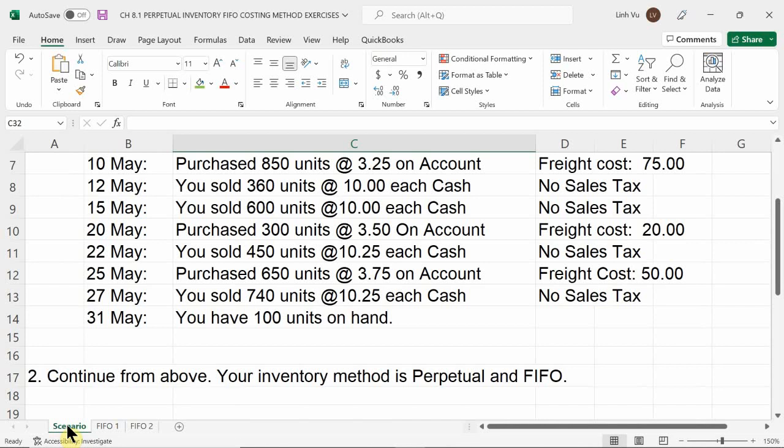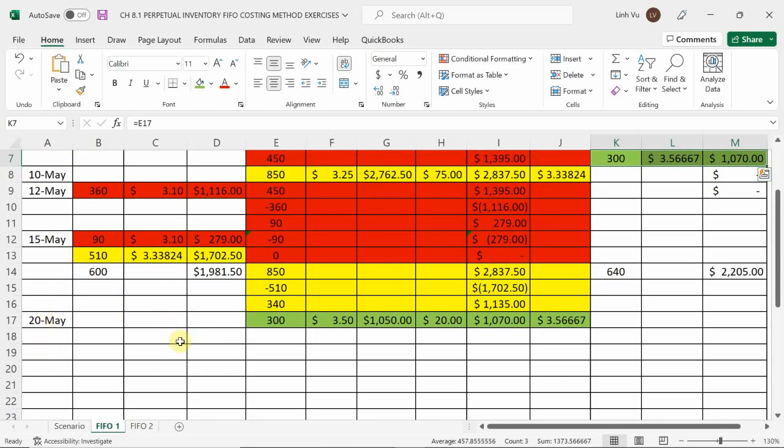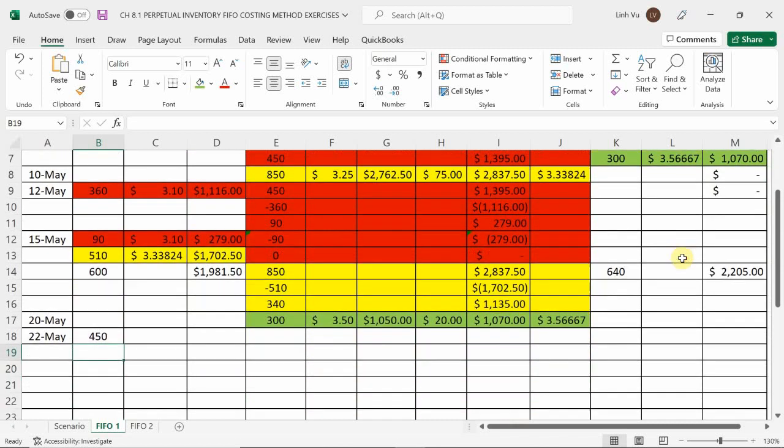May 22nd, you end up selling 450 units. Now let's take a look. My yellow batch, do I have enough to cover all 450 units? No, you're going to use all of it, all 340 units. Then I need to calculate how much I'm going to be selling from my green batch of inventory.